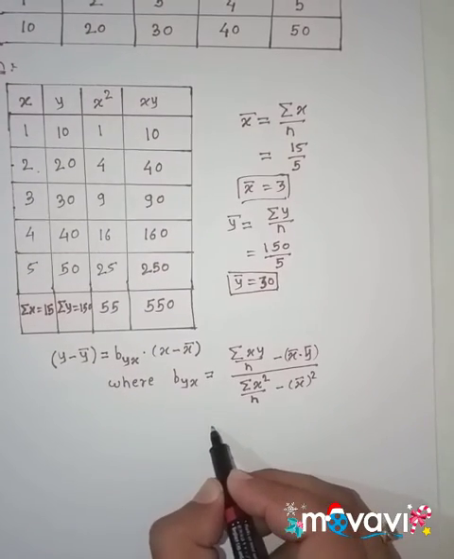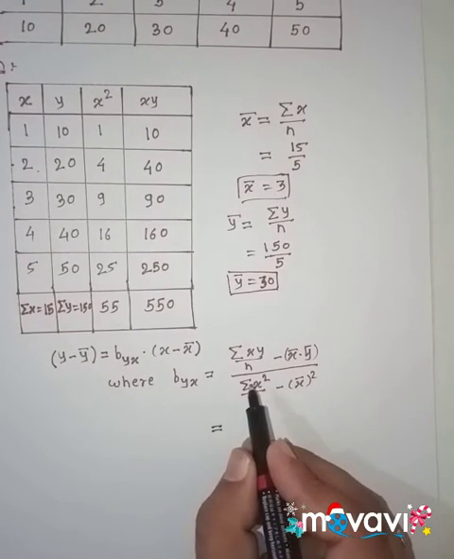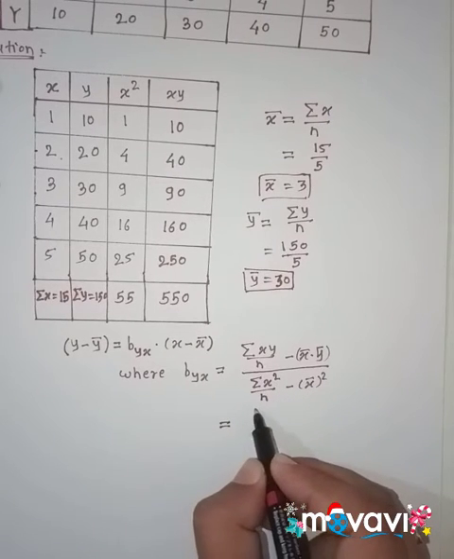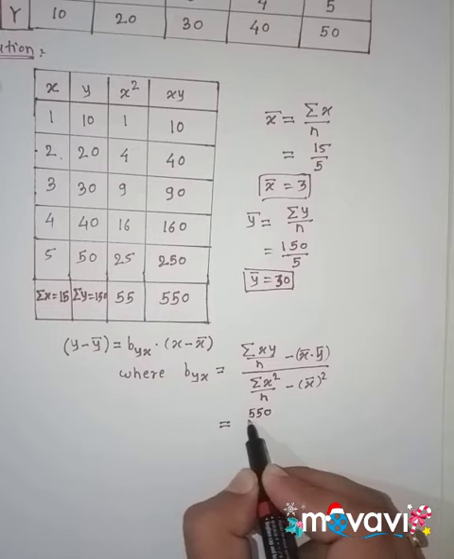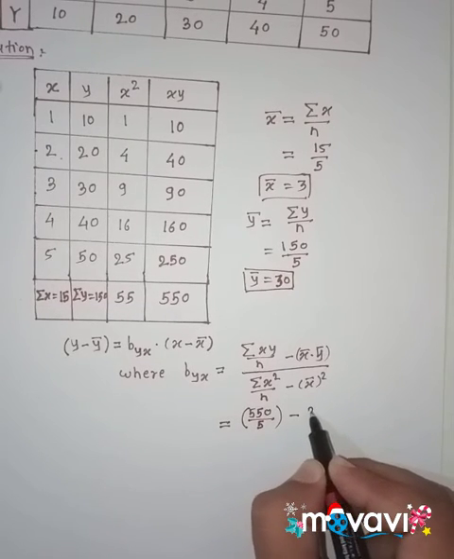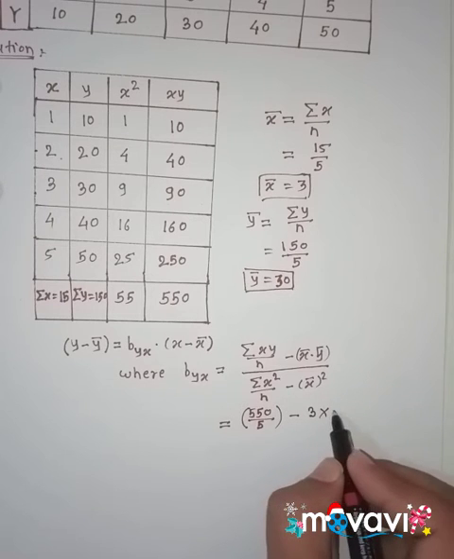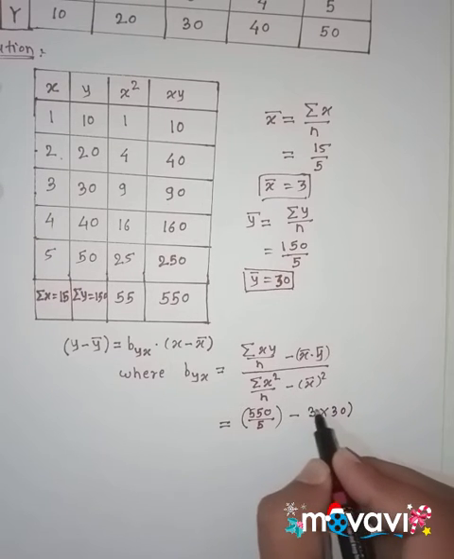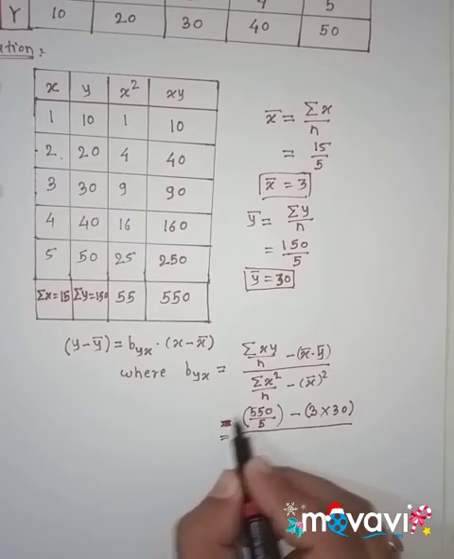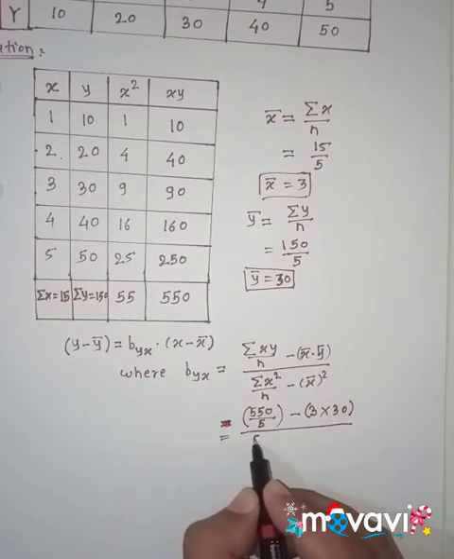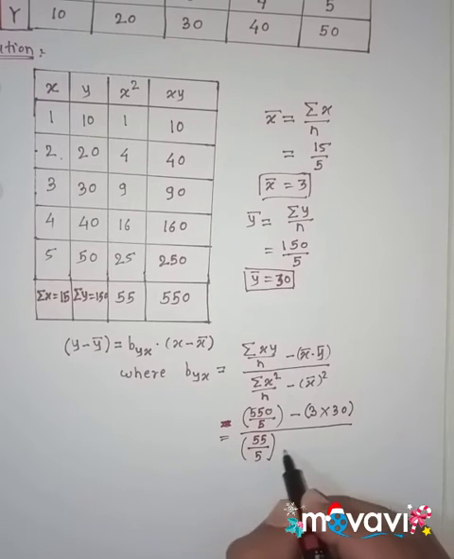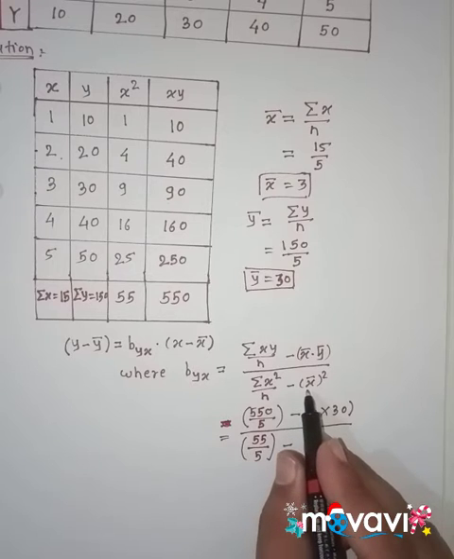So byx is summation xy upon n. Here summation xy is 550. The value of n is 5 minus x bar is 3 and y bar is 30 upon summation x square, which is 55, the value of n is 5 minus x bar square.